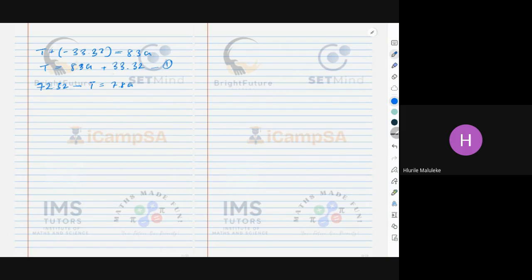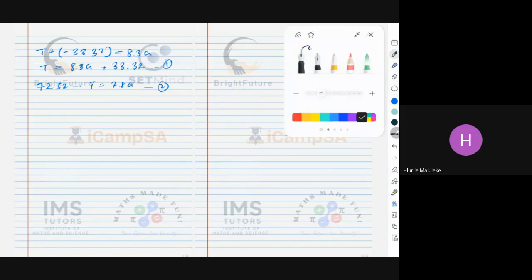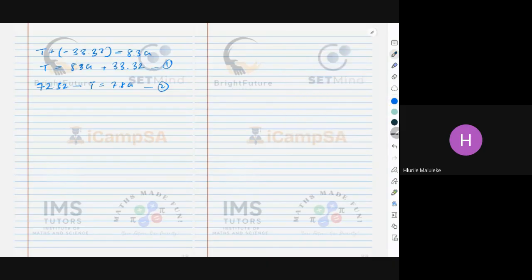So you can just take this and substitute it here, right? So you can come here and say 72.52 minus (8.3a plus 33.32). So I'm substituting here. I'm putting this in a bracket so that we don't miss this sign here, right?